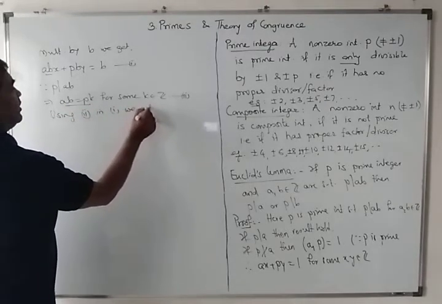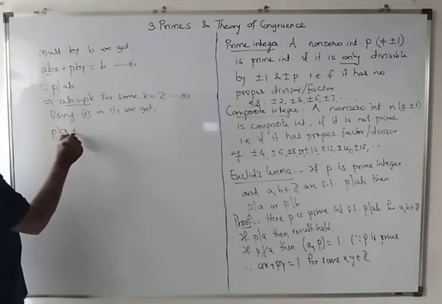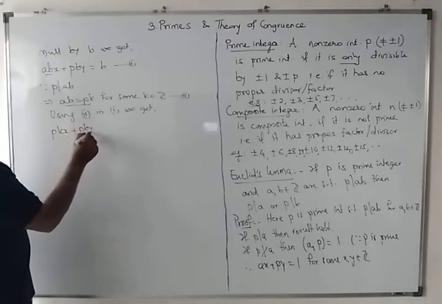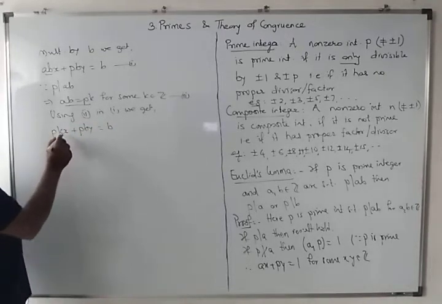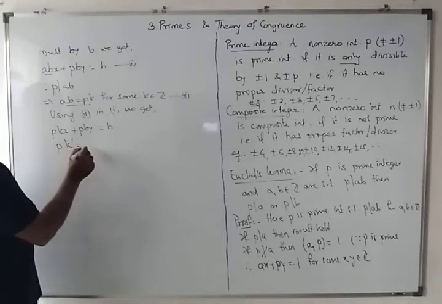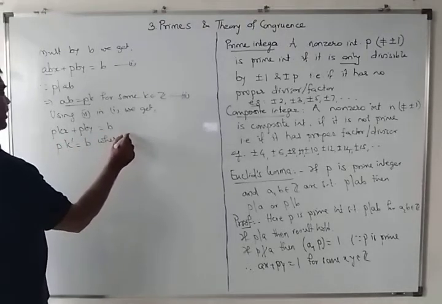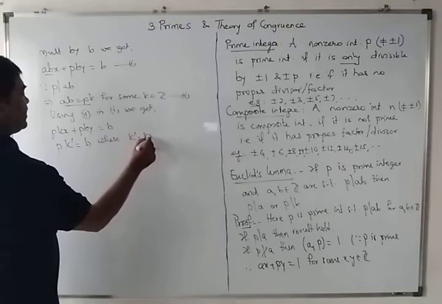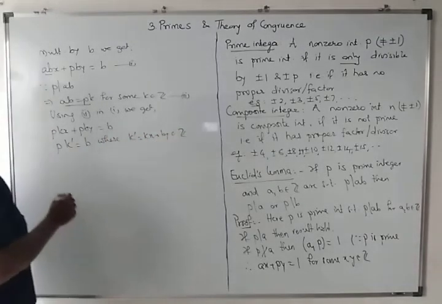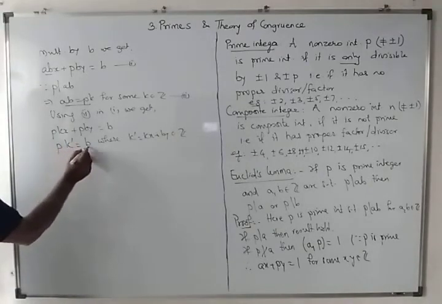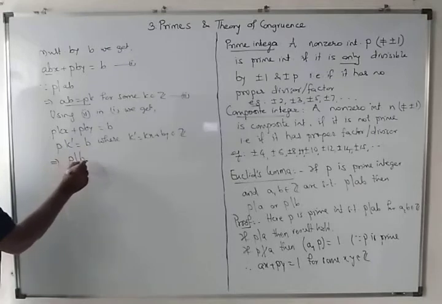We get pkx plus pby is equal to b, and therefore p into k dash is equal to b, where k dash is equal to kx plus by. This belongs to Z. So b is a multiple of p, which implies p must divide b.